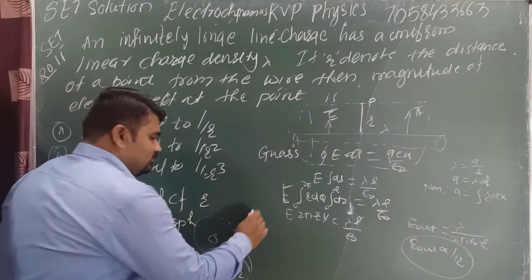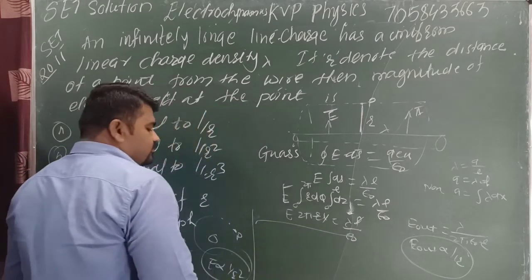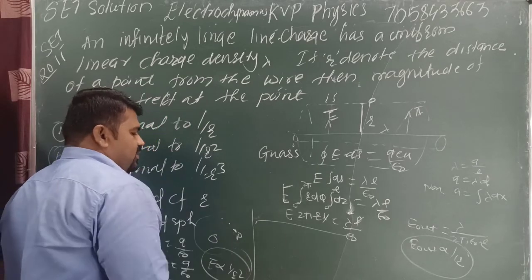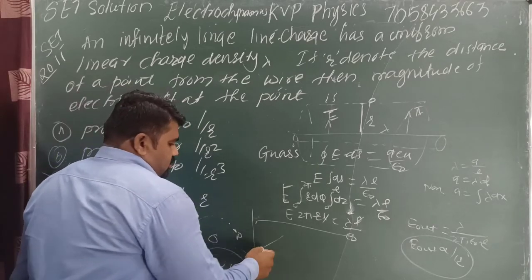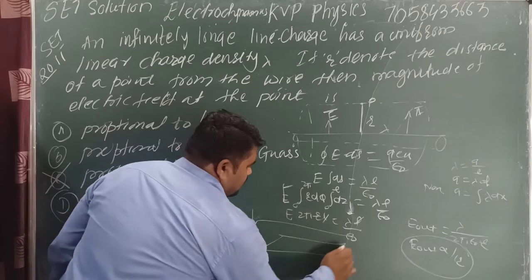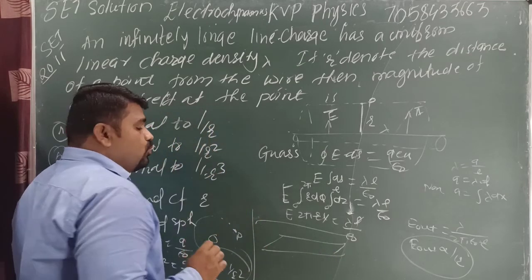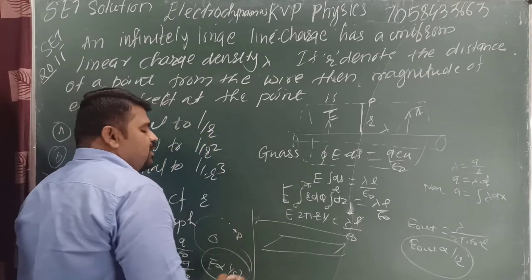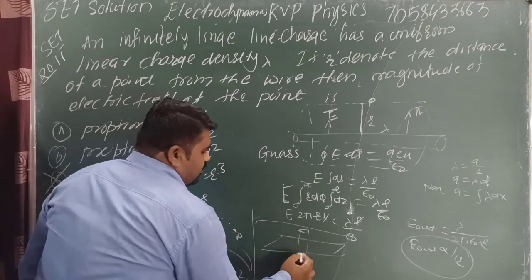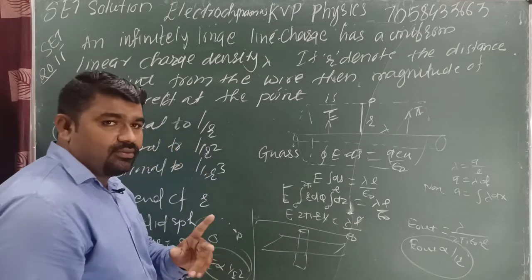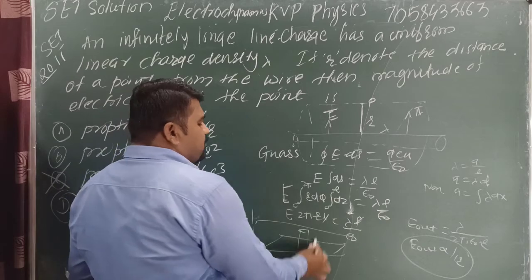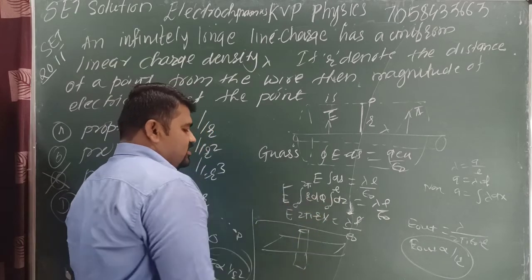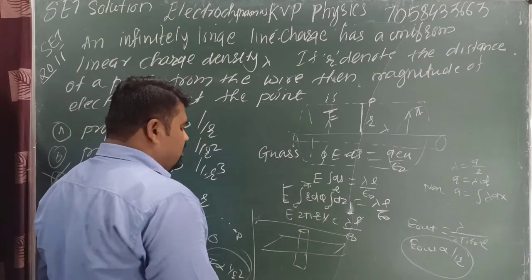But in which case? See here, we consider a flat surface. Here we consider the Gaussian surface as a pillbox. A pillbox has two areas. Now here electric field is in the direction, area vector in the direction, means angle between them is 0.